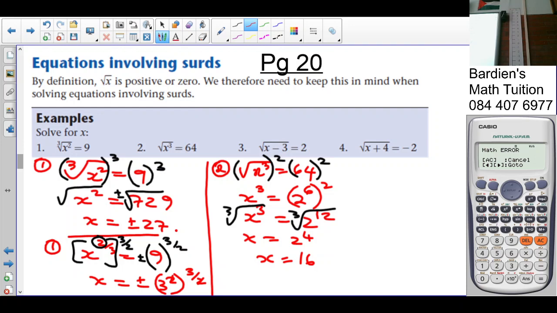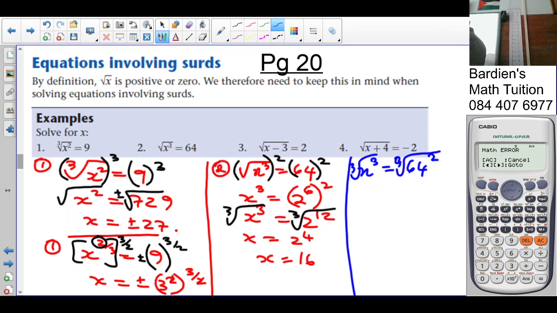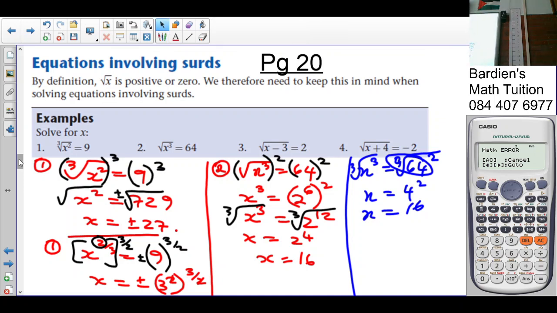What you could have done at this point also is say x cubed equals 64 squared, and take the cube root of 64 first. What's the cube root of 64? 4. You see, I took that first, and 4 squared is 16. So it's also that. Could have done that as well. No problem. You can use the numbers also, yes.